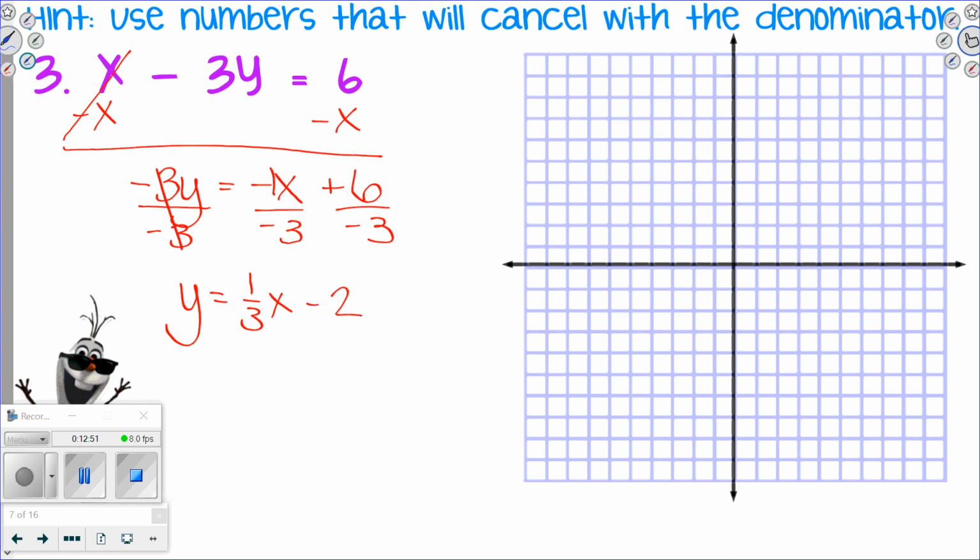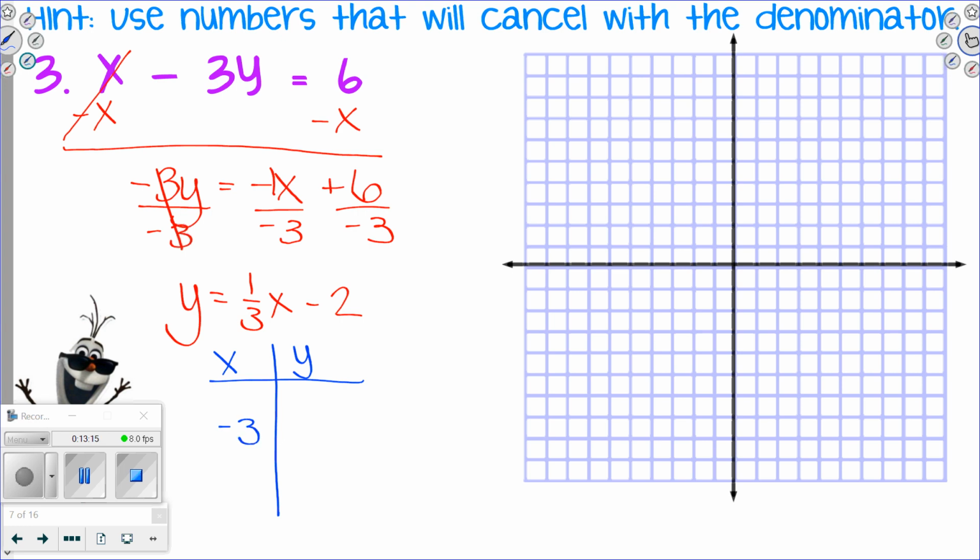All right, so if I go to make my xy table, do you notice the hint I put at the top? Use numbers that will cancel with the denominator. -2, -1, 0, 1, 2, I can do it. They're on the graph. They're just not pretty. So what would cancel with a 3? A 3? So I might go -3.